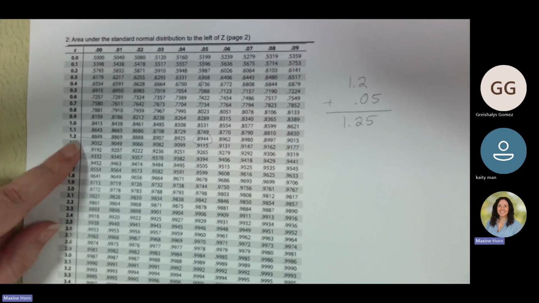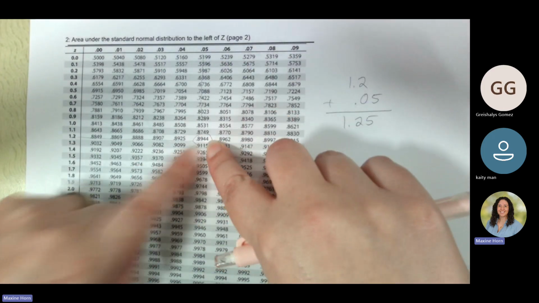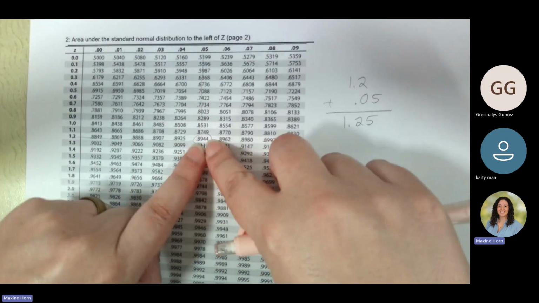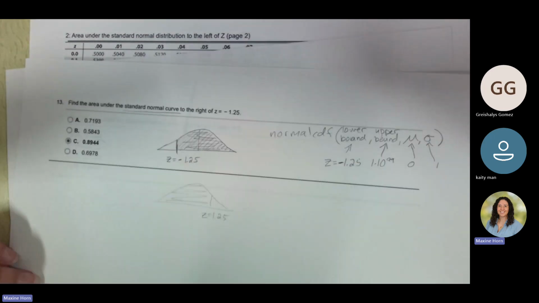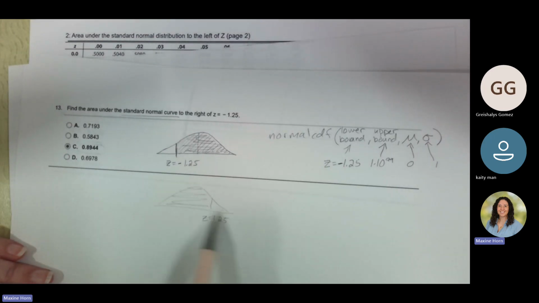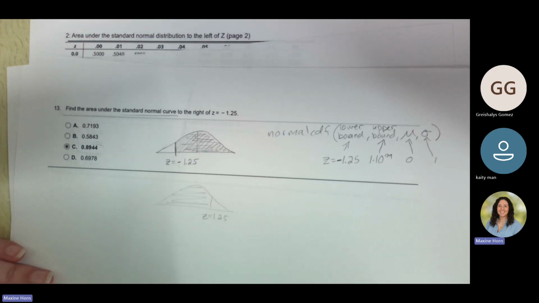So we would find a z-score of 1.25, and we would say, okay, positive 1.25, I have an area of 0.8944, and I know that if the area to the left of this positive z-score is that, then the area to the right of the corresponding negative z-score is also that.